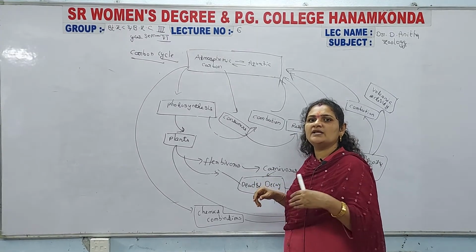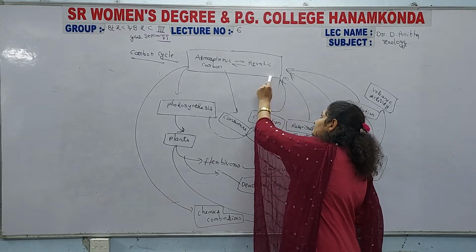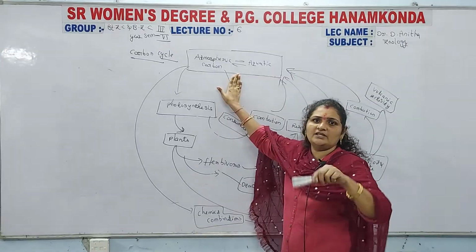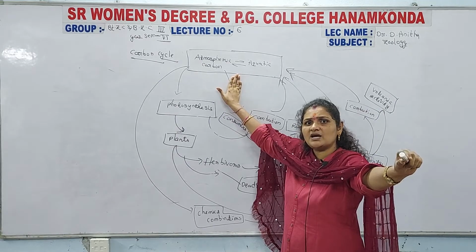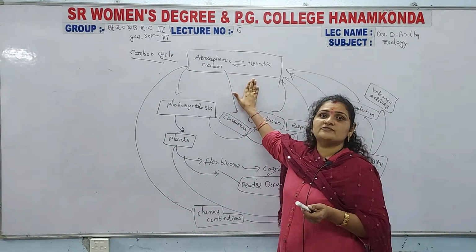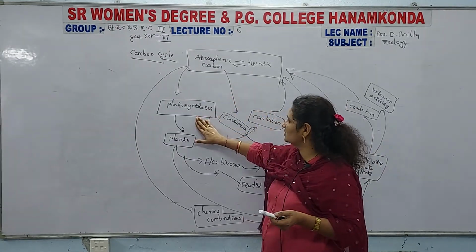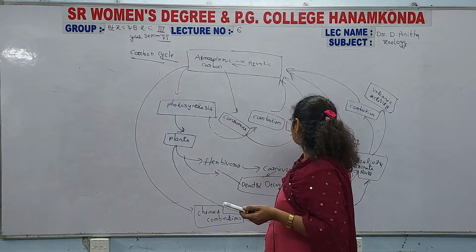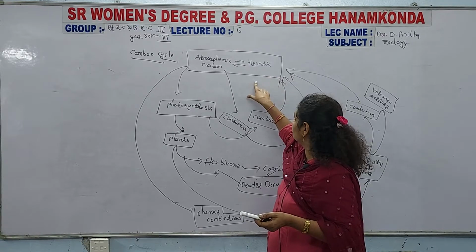Again the carbon reaches the gaseous state and is rotated, and finally it reaches its destination, mainly the atmospheric carbon. So photosynthesis is one process, and the respiration of plants, herbivores, and carnivores returns the carbon to the atmosphere.